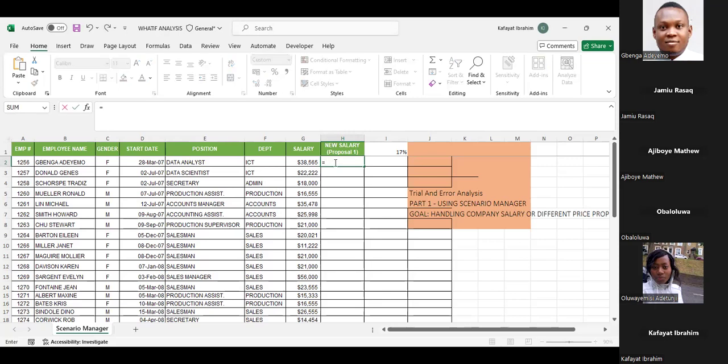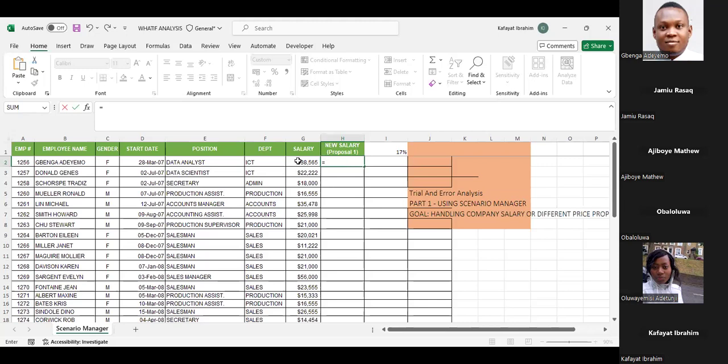Isn't it the formula we use for increase? Can somebody tell her the formula, please? What I taught you in the last class. It should be equals salary now, with that percentage. Equals G2.